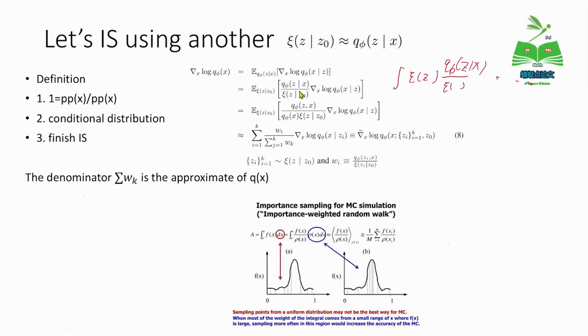Then this one we rewrite with the conditional distribution of q z given x and the q phi x.